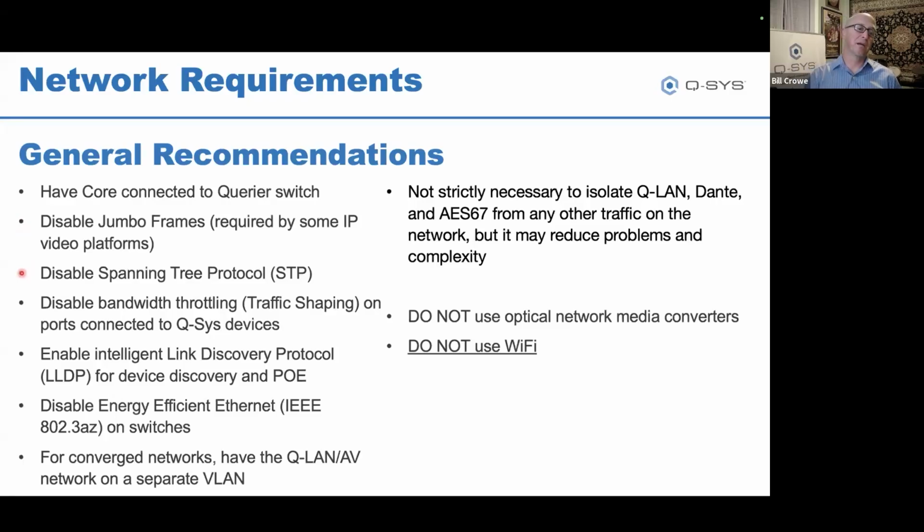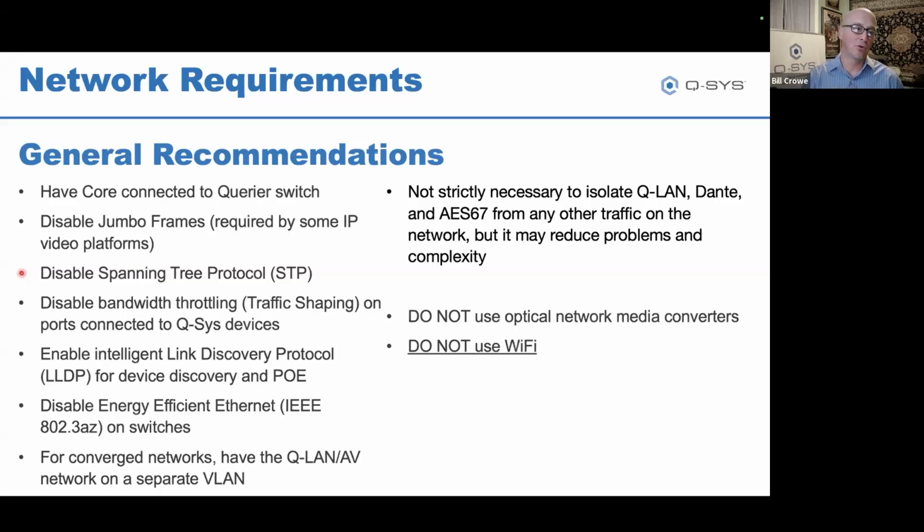We also recommend disabling spanning tree protocol, or STP. STP is a protocol to help eliminate the possibility of network loops. One issue it introduces is that it adds a little delay and some possible jitter to the network, which can cause issues with your PTP timing packets.